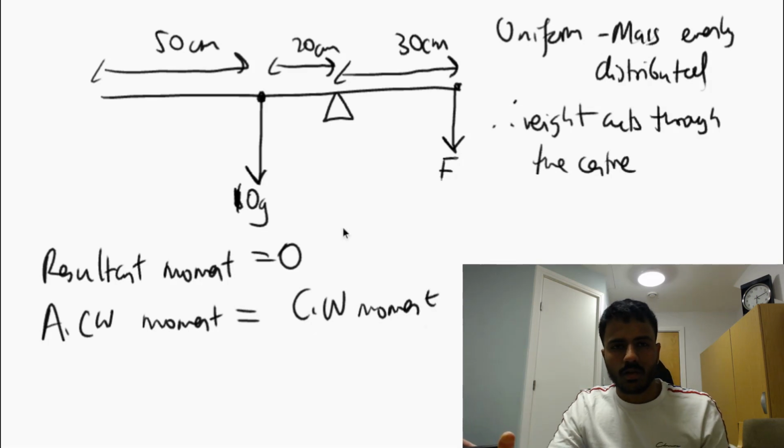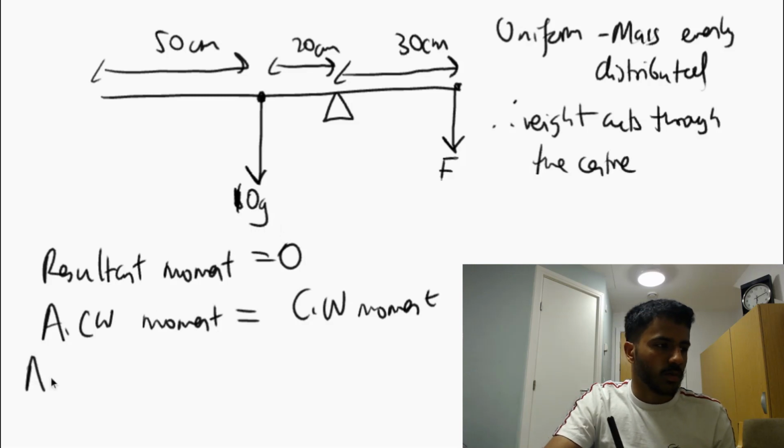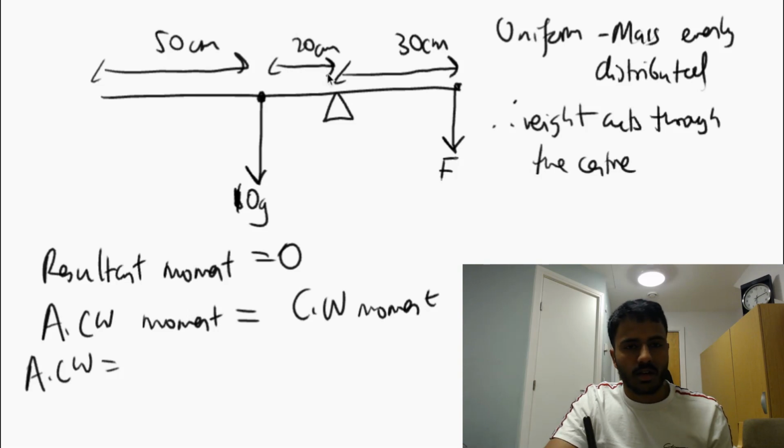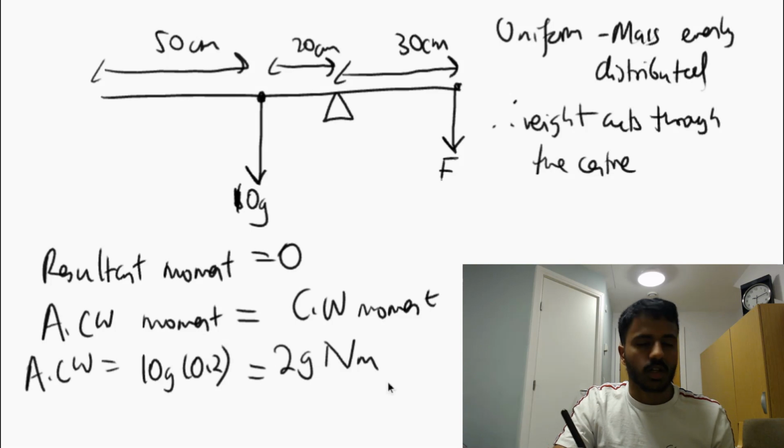In this scenario, the anti-clockwise moment is governed by this 10g Newton force. So the anti-clockwise moment is equal to 10g times, remember this is in centimeters, so we have to convert it to meters, so it'll be 10g newtons times 0.2 meters, which gives you a moment of 2g Newton meters.